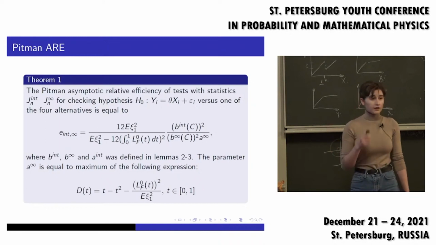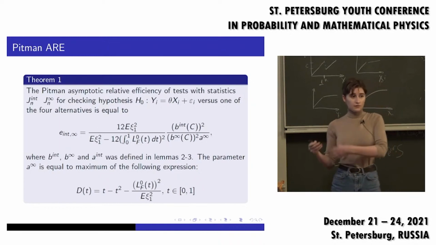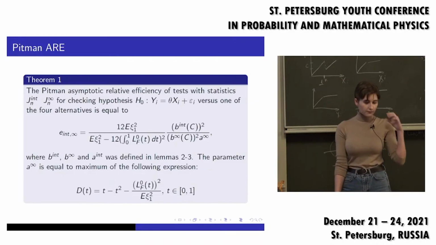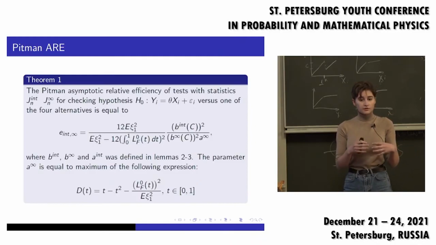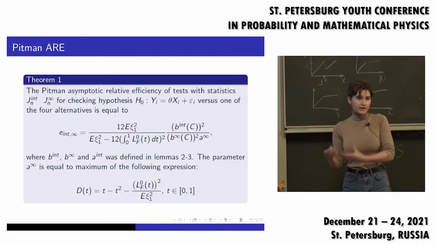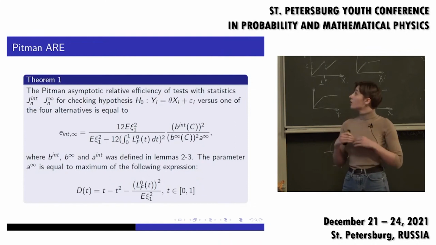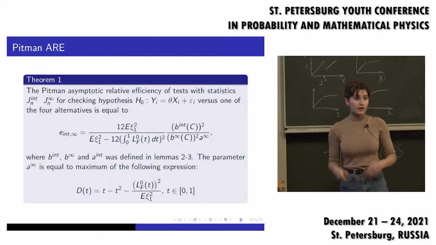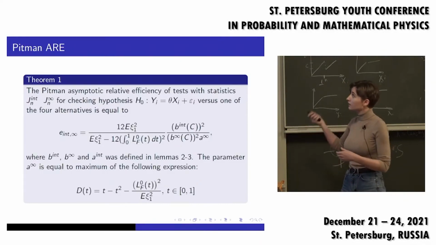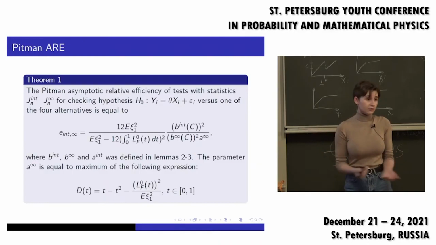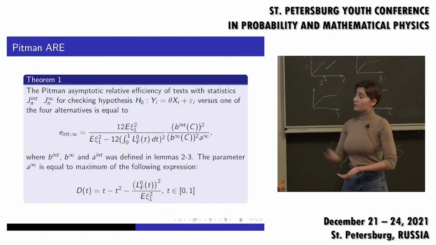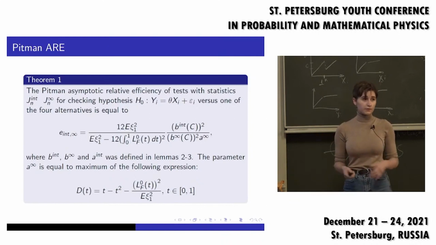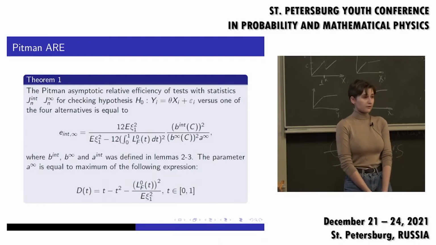If e int infinity is bigger than 1, it means that for the first test we need more observations than for the second one, and the second one is better than the first one, and if it's less than 1, we have a completely different situation. And this is the main result of my work. I do this for all 4 alternatives, and I think this is the end.